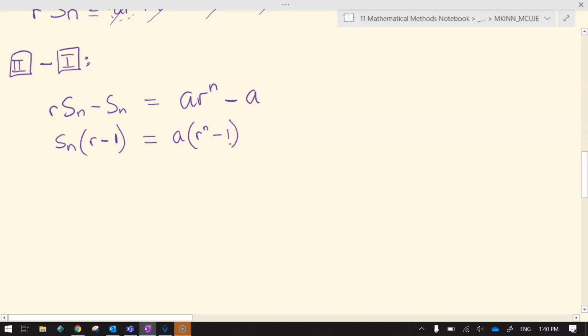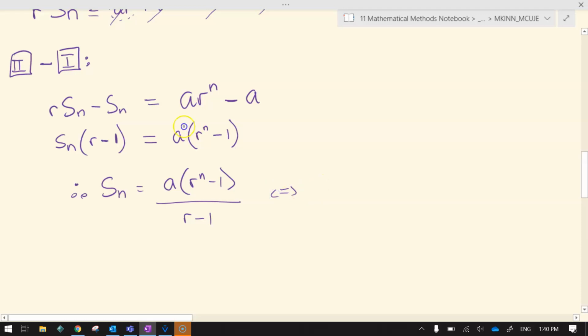We can now find an expression for Sn. Sn is going to be A(R to the n minus 1) divided by R take 1. Now, remembering that often we use A for the first term, but what's the other thing they use in your formula booklet for the first term?